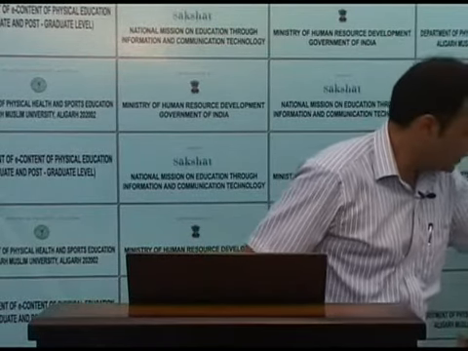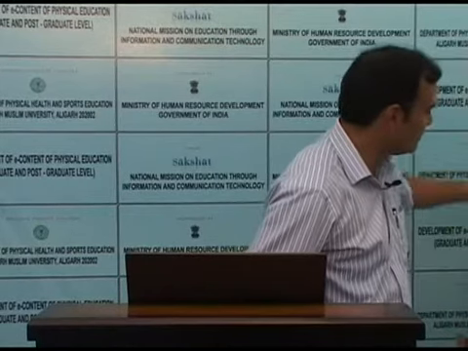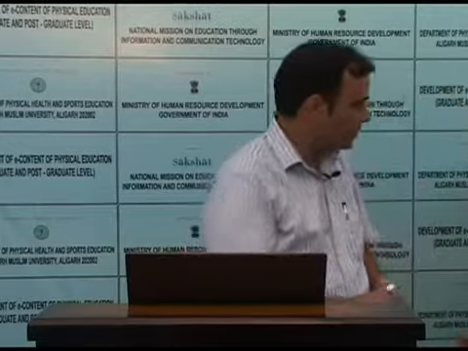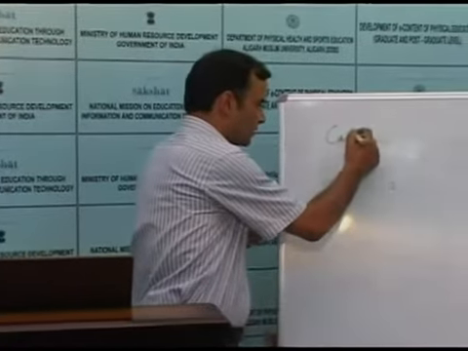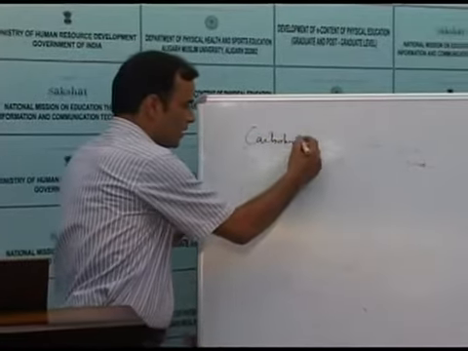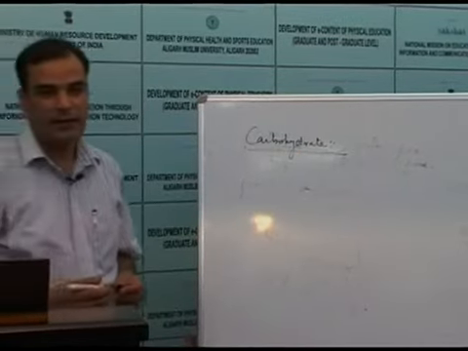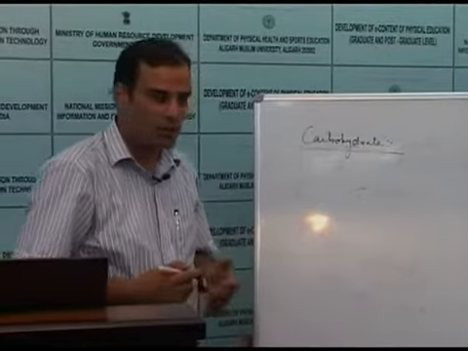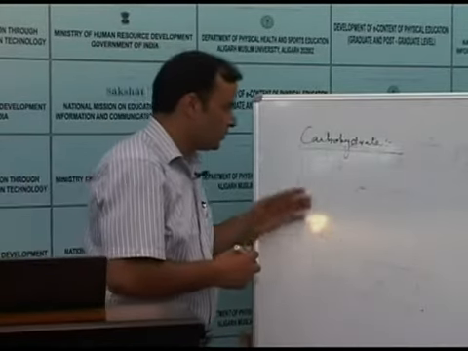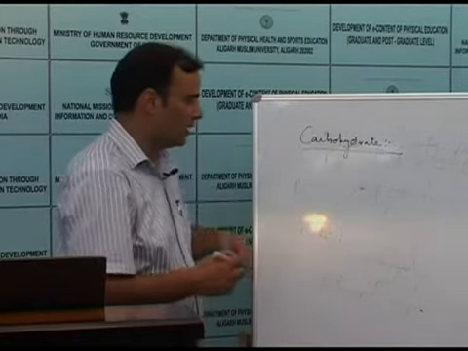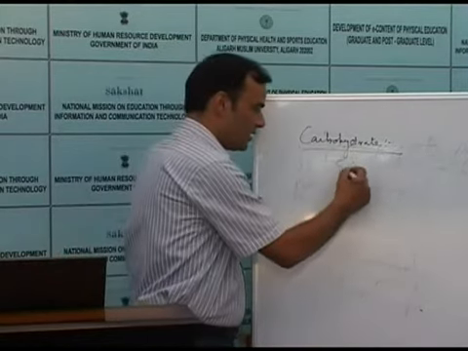First, let us discuss the digestion of carbohydrates. Carbohydrates are the major constituents of our diet. Our diet mostly contains the carbohydrates. Now, there are different types of carbohydrates in our diet. One is starch.